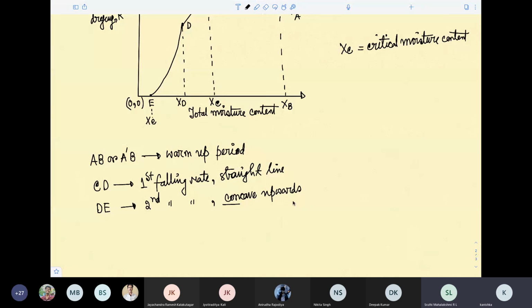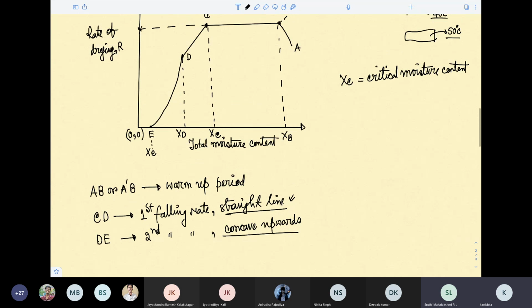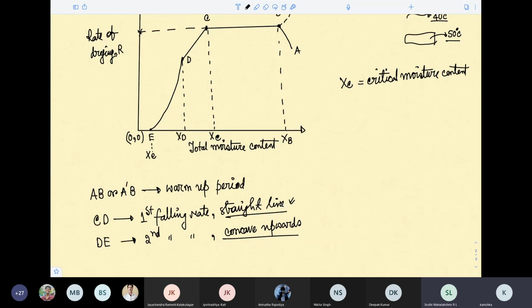Now there is significance: why does it follow a straight line, and why does it follow the concave upwards? That part I will be covering now. So let's start with the description of the constant rate, then this one and this one.